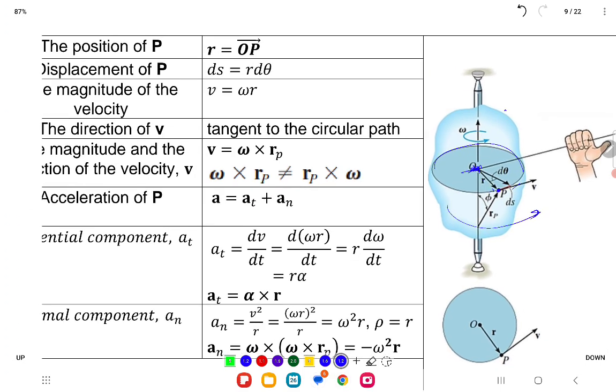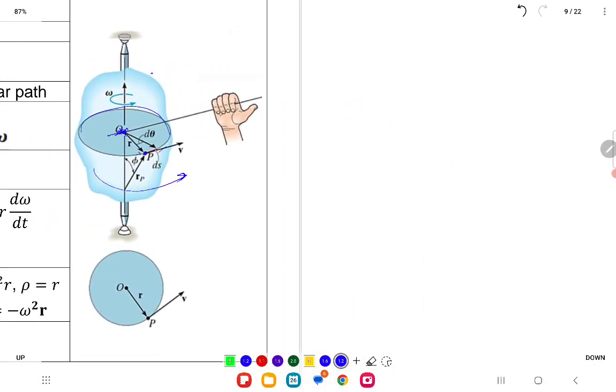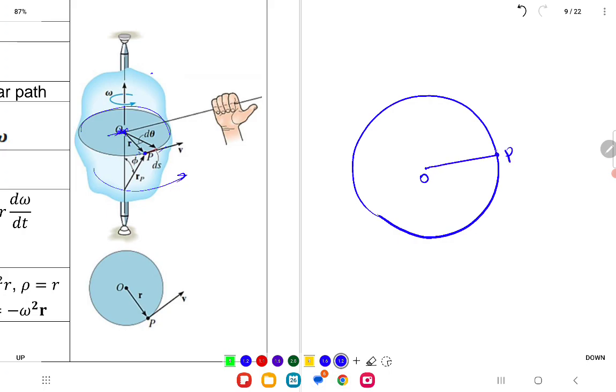Of course you can measure the displacement by measuring the angle that it moves and multiplying by the radius. I want to tell you why. If you have a circle, and let's say this is the point O where it's moving, and this is the point B. And let's say this particle moves like that, so this point comes here, B dash.